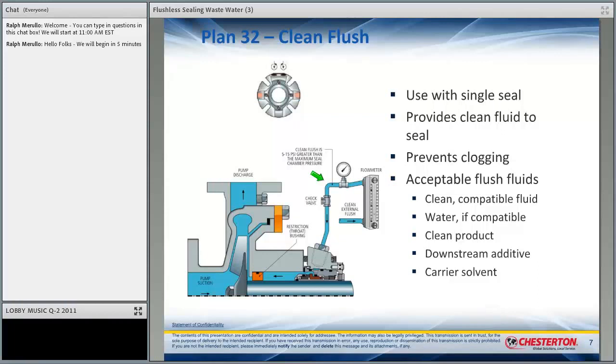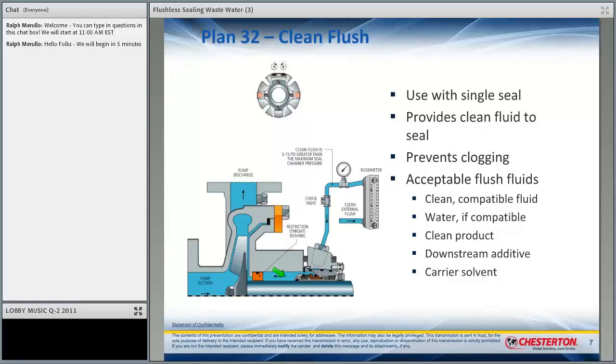So what that means is, in our diagram here, at this point right here, the so-called seal faces are highly polished rings. One is pressed against the other by a spring to force them together. The interface of those two rings is lubricated by the product or fluid in the product, right? Whatever we're pumping. And therefore, that fluid is critical.